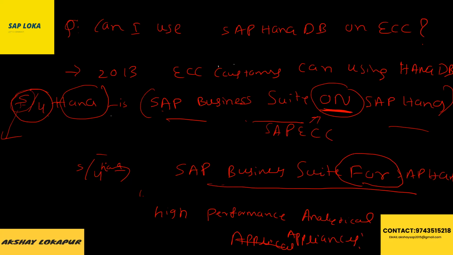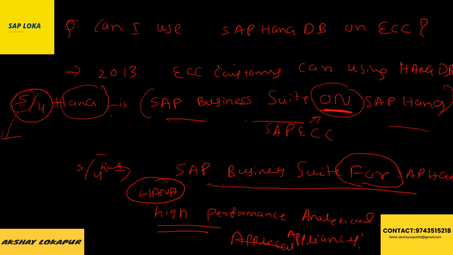This is the long form of HANA. Basically it's a database. The long form is high performance analytical appliance. Why is it high performance? Everyone is telling HANA is very high performance, right? So how is HANA performance that good? We'll see in the next slide.